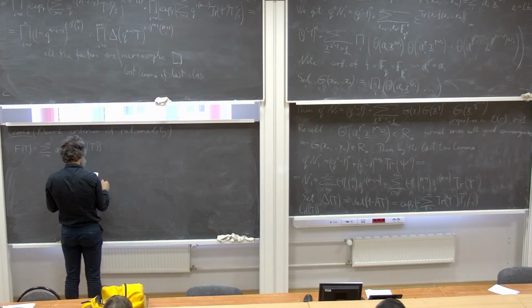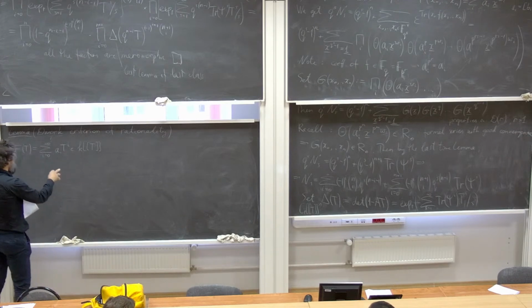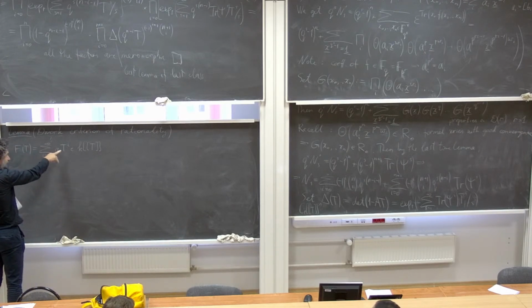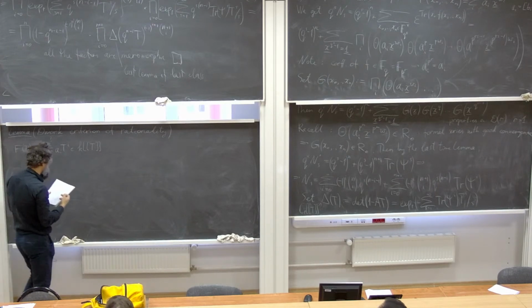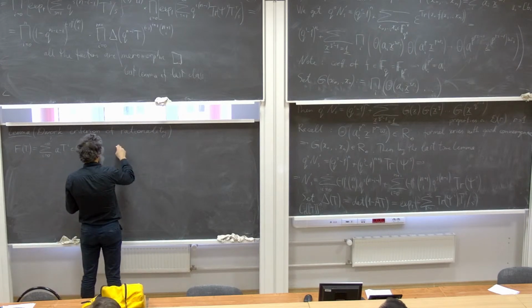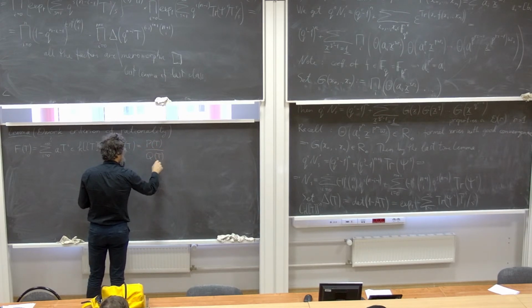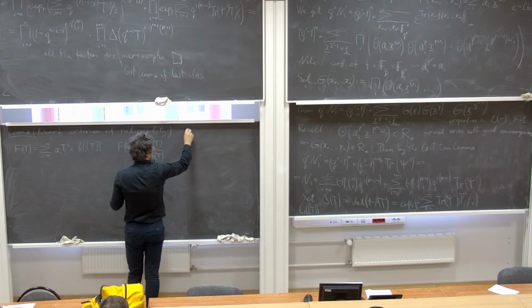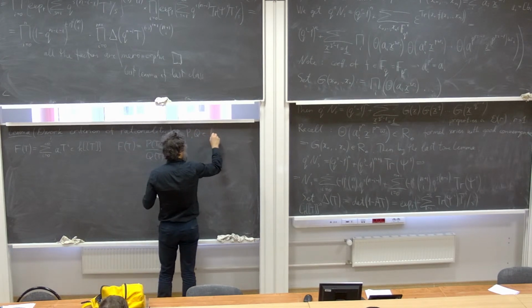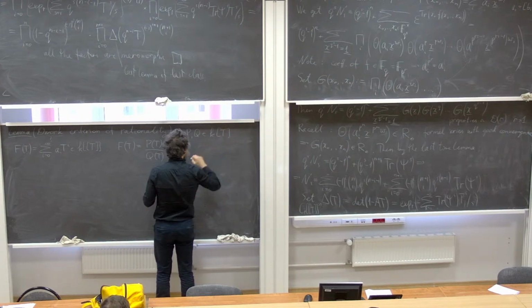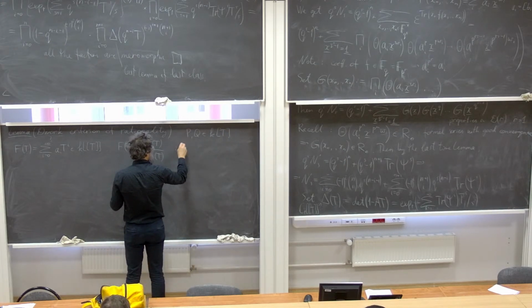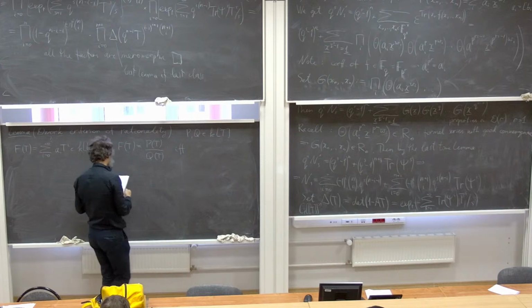And we want to check that this is a rational function. So I say that f is the ratio of two polynomials if and only if the following criterion works.